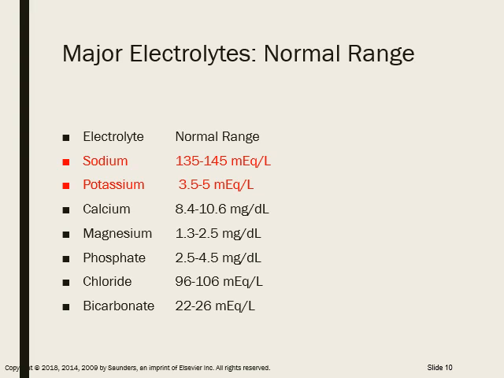The potassium normal range could be anywhere between 3.5 to 5 milliequivalents per liter. Again, familiarize yourself with these major electrolytes. Please note that ranges may vary slightly between facilities. Usually these values are the acceptable standards.